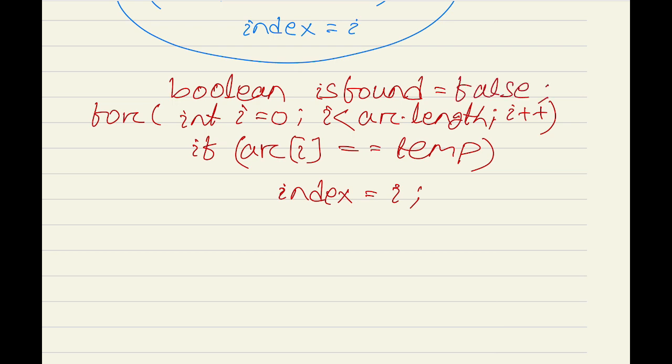That means initially we are assuming that the element is not present in the list, or we can say isFound is false. Now if we find the element, we write isFound equal to true. So if the element is present, make the index I and isFound true.